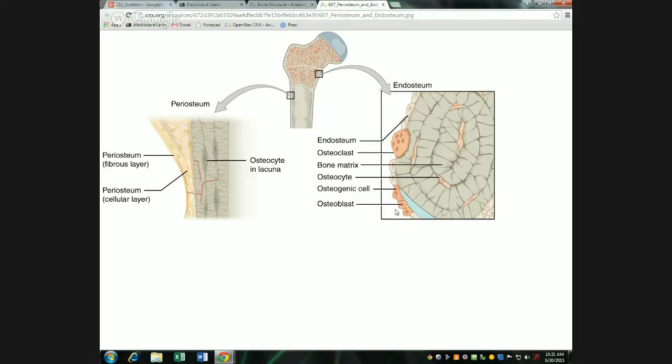The thing is that osteoblasts have a very important function, which osteogenic cells don't necessarily have, but they're kind of related. What osteoblasts do is they make bone matrix. They secrete proteins which incorporate calcium phosphate crystals into them and form that solid bone matrix.